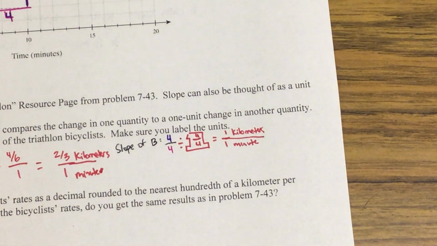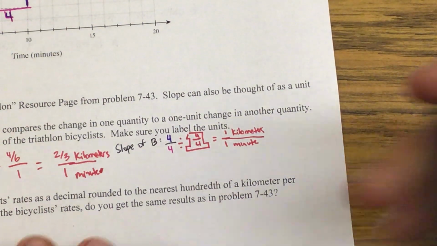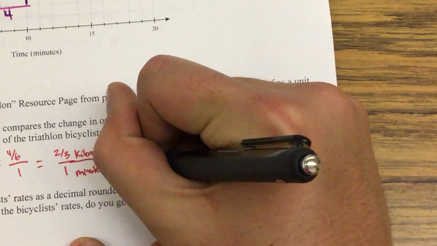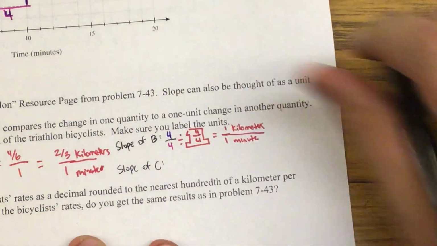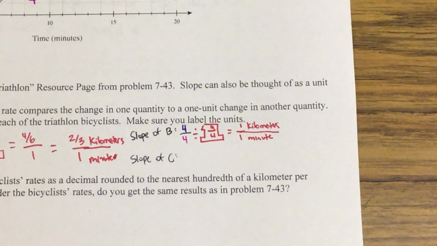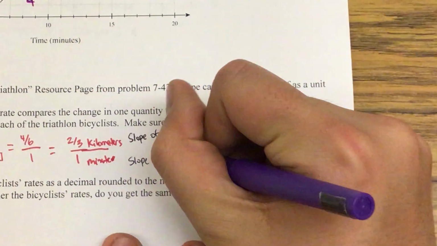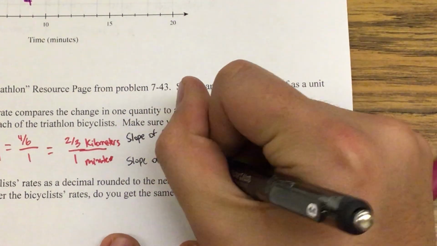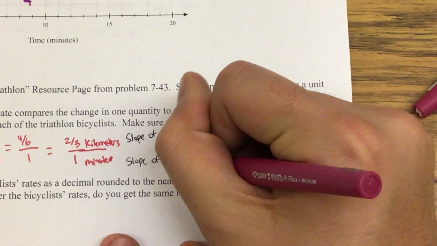Let's try slope of C. C was 2/3. I need to go faster. 2 over 3.